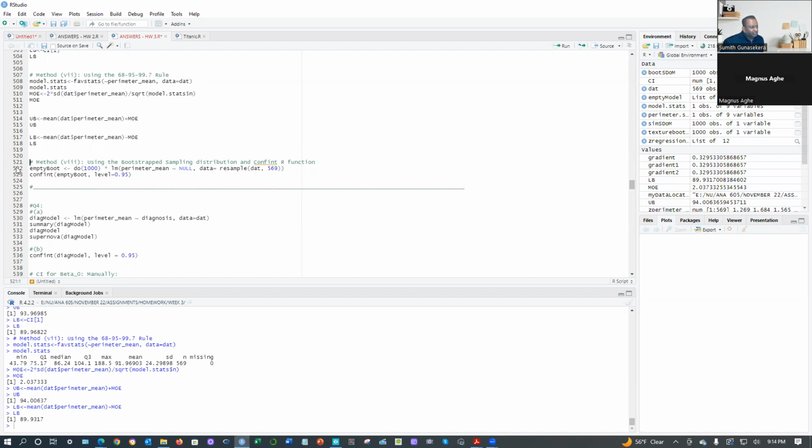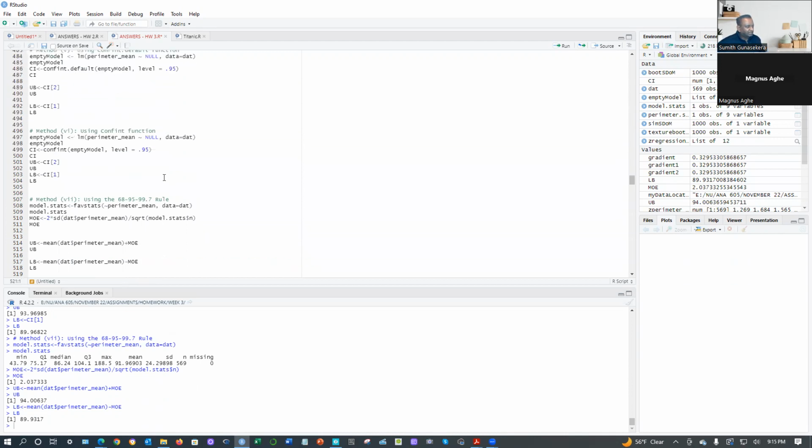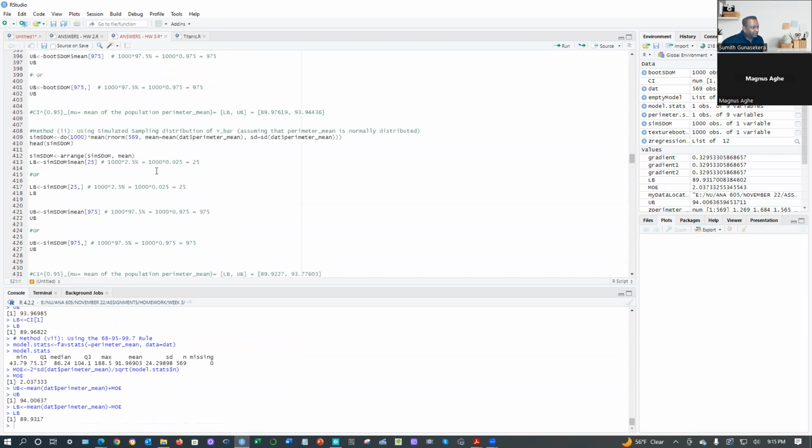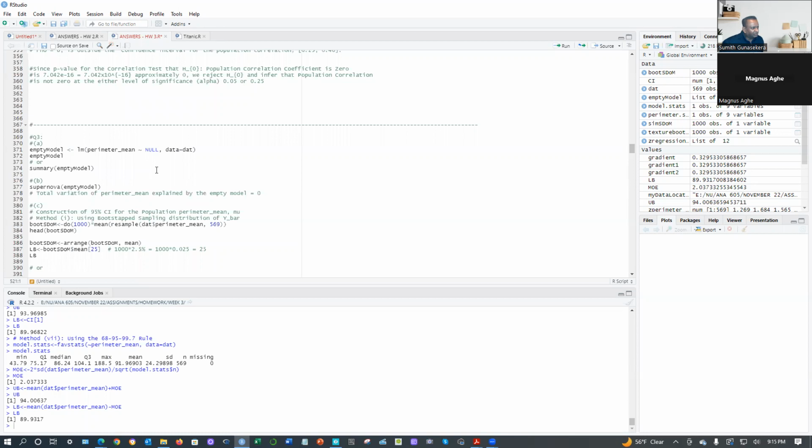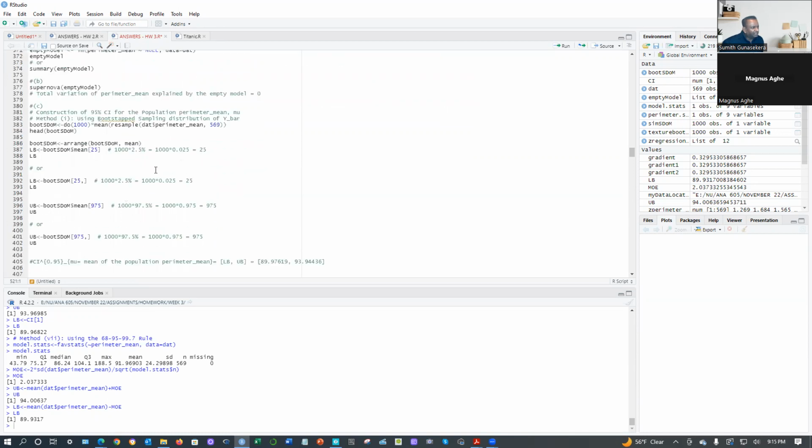Look at the bootstrap. When you bootstrap, can you remember? I'm gonna go back to the other bootstrap, the number 1 bootstrapping method in Q3. I go to the resample, from this one get the resample, and then I get the mean.